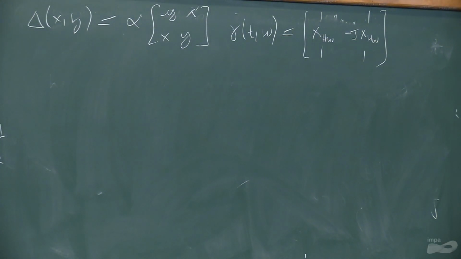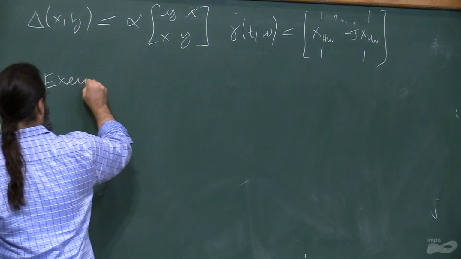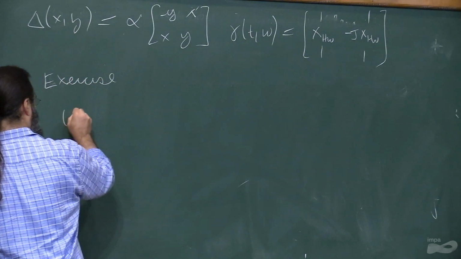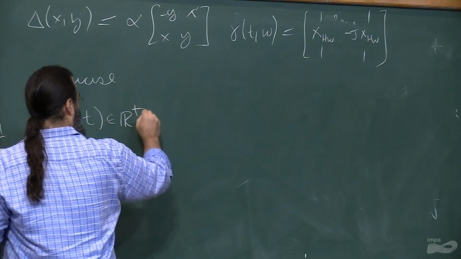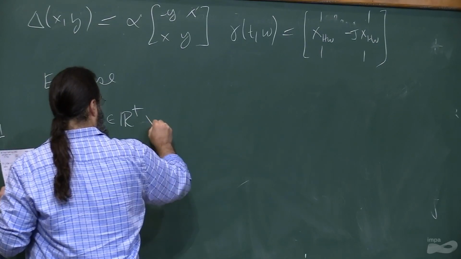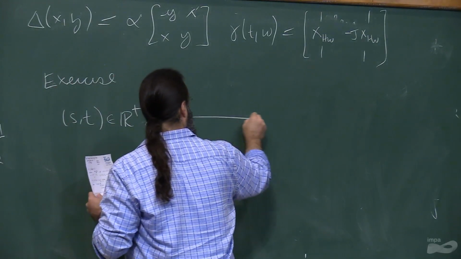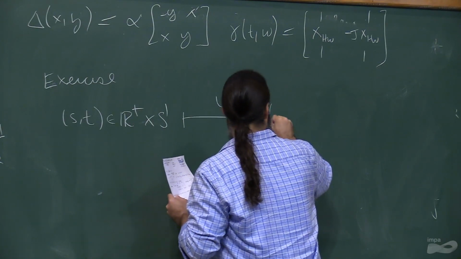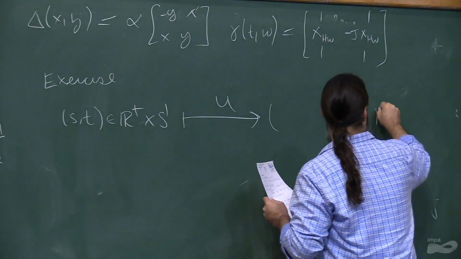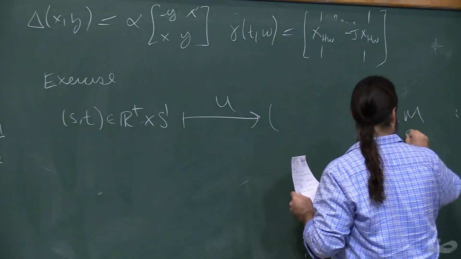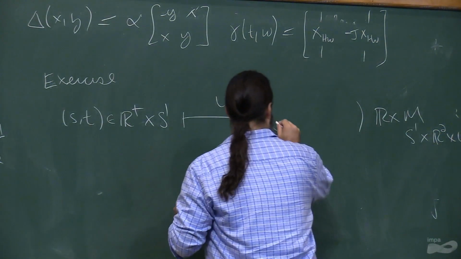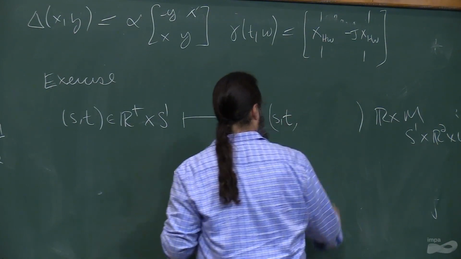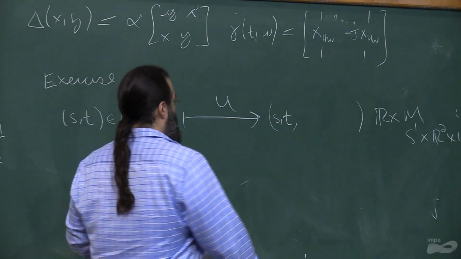Okay, now given this, here's an exercise. I want to consider a map from a half cylinder into R cross M, or S1 cross R2 cross W. That looks like this.